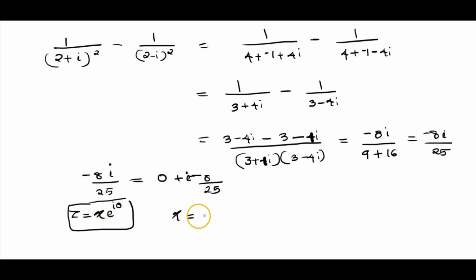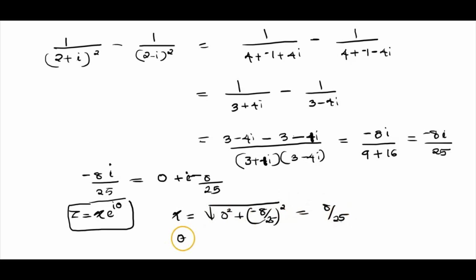Here what is r? r is equal to square root of x square plus y square. That means 0 square plus minus 8 by 25 whole square, square root, which is 8 by 25 itself.